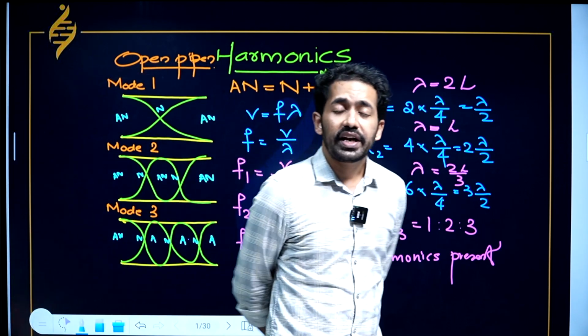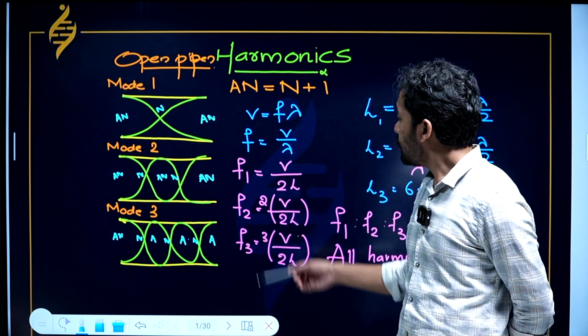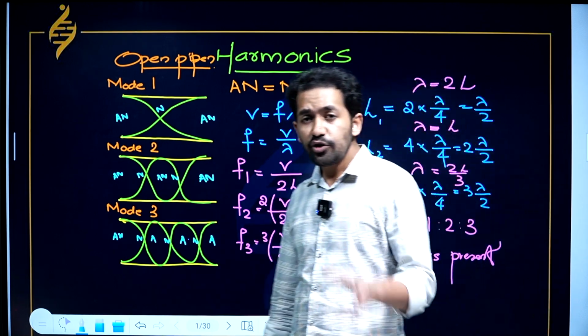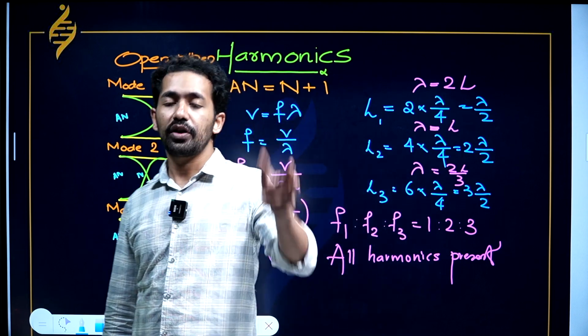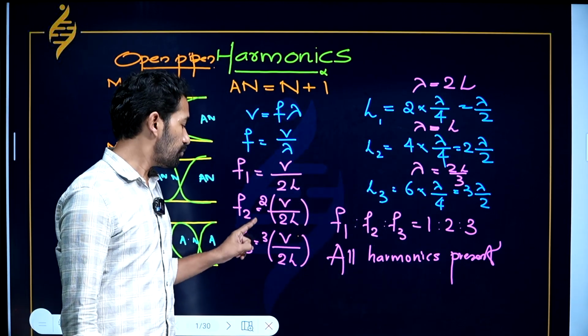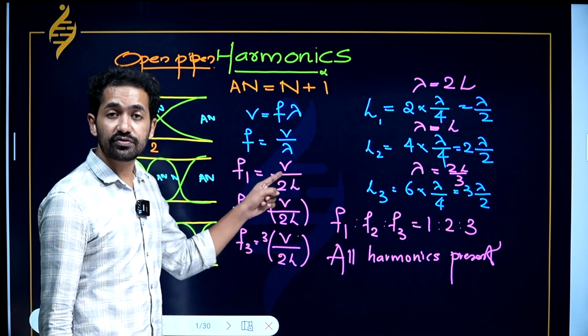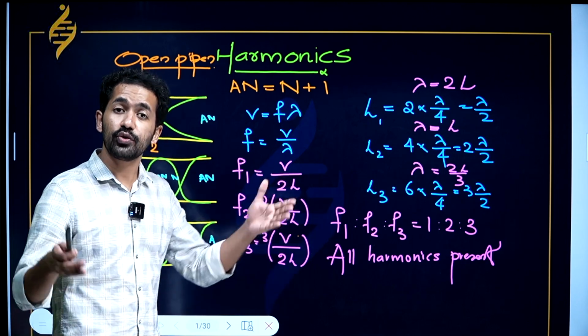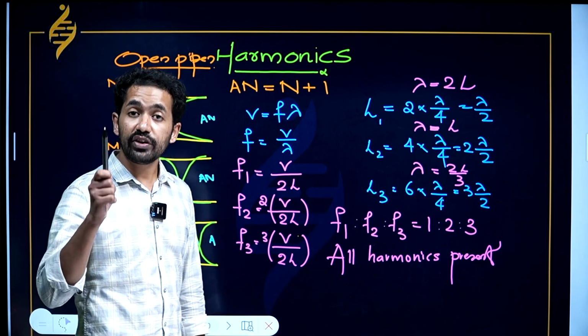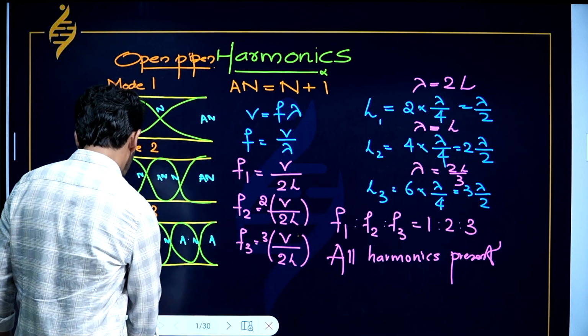Now, what about writing a standard equation? You know that all the frequencies are multiples of v by 2L. Now, if you are considering the nth mode, see, this is the frequency in the first mode, second mode and third mode. For the first mode it is 1 into v by 2L, for the second mode it is 2 into v by 2L, for the third mode it is 3 into v by 2L. Now if it is the nth mode, how can you write the frequency?